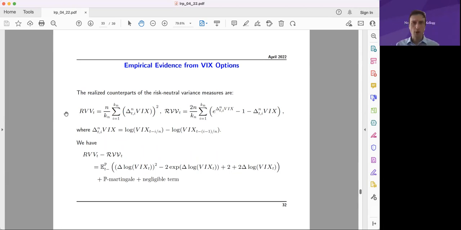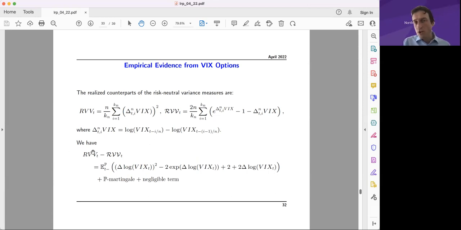Now, I don't know whether Torben is in the audience or not, but I know that he will be unhappy if I just say that I'm just plainly using this high frequency VIX option data. And it is true that there are some issues with it. There are a lot of these spikes which are absolutely artificial, and we just apply basic filters to clean for those, so that we minimize the effect of this. I think that should be relatively reasonable.